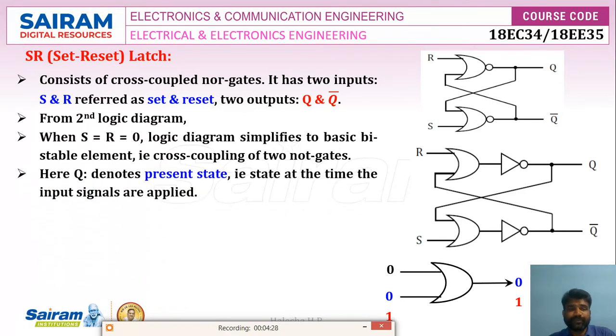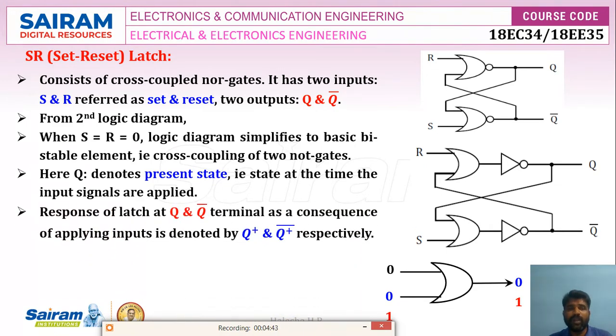Clear? So here Q denotes the present state, that means the value present before input changes occur. That is the state at the time input signals are applied. The response of the latch at the Q and Q bar terminals as a consequence of applying inputs is denoted by Q plus.